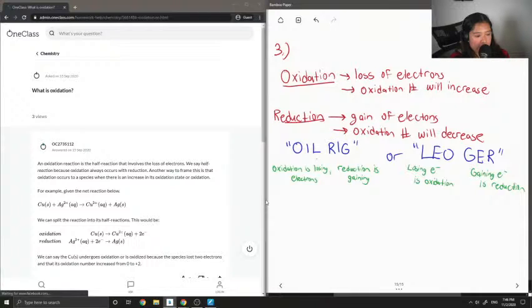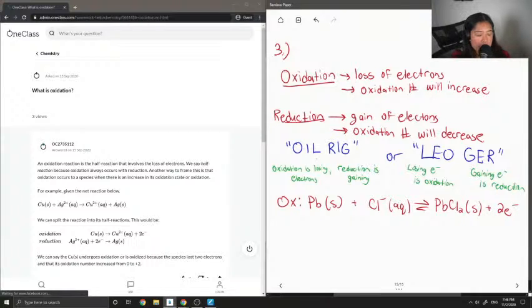I'll just also write down an example of an oxidation reaction. So let's say you have lead solid plus chlorine gives lead chloride. So this is an example of an oxidation reaction.